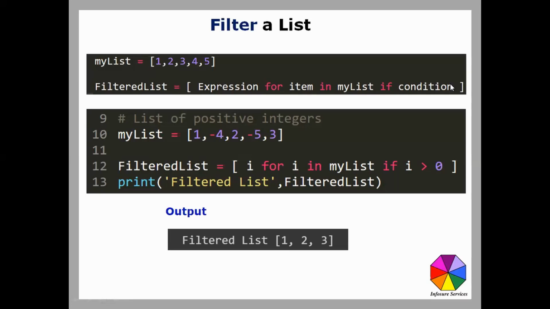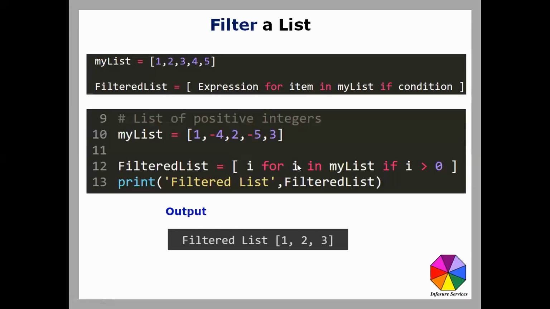This is a list expression, and the whole thing is enclosed inside square brackets. So my filtered list is equal to square bracket of expression. Now, the expression can be a simple index of the for loop itself.